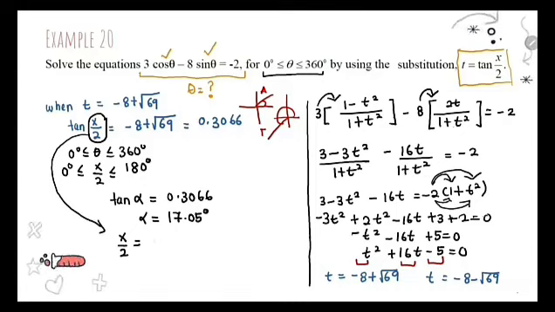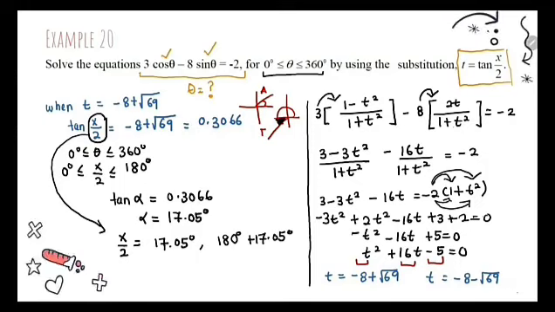Okay, so we have one angle in the first quadrant. The first quadrant angle is the same as the reference angle, 17.05, and we should have another angle in the third quadrant. For the third quadrant, we have to take 180 plus the reference angle, which is 17.05.